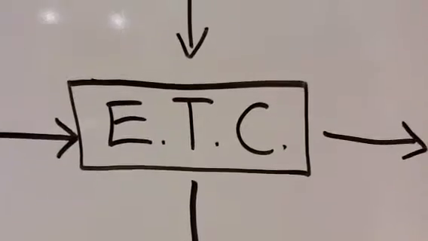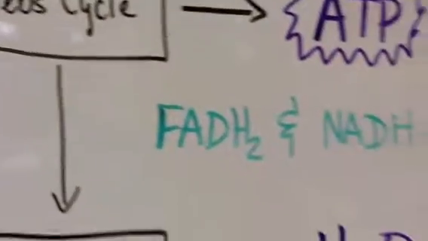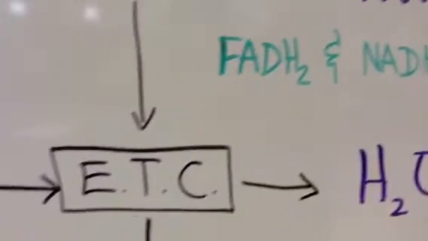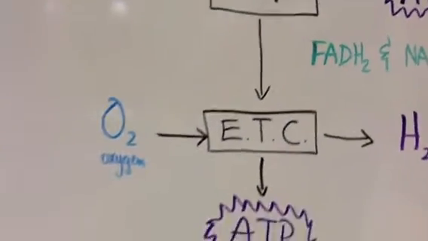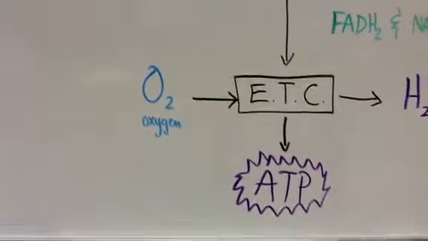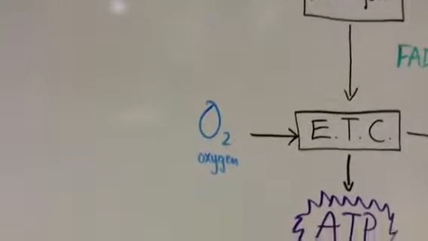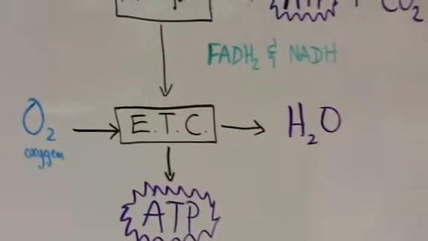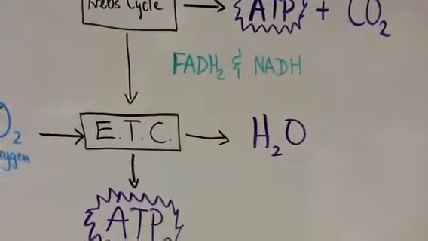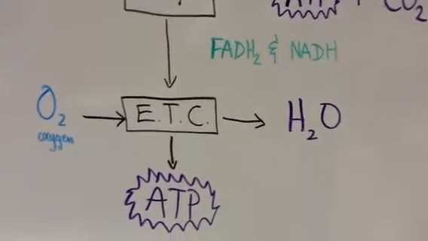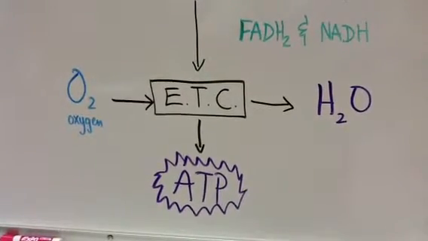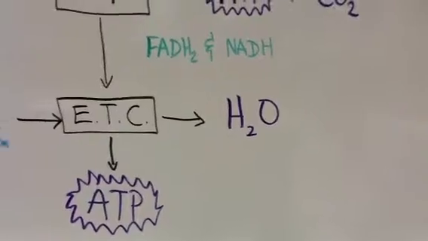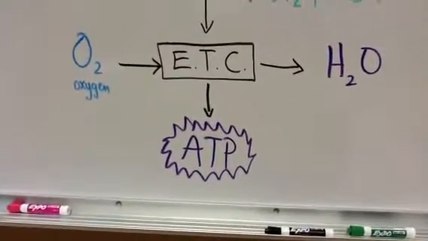The ETC, no matter how many of these high electron carriers you have, is not going to work unless you feed oxygen into it. So oxygen gets fed into the electron transport chain, and also the FADH2 and the NADH, those high electron carriers, all get fed into the electron transport chain. And it's going to yield water. It's also going to yield ATP.